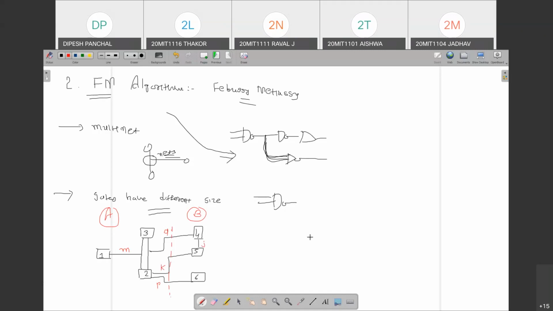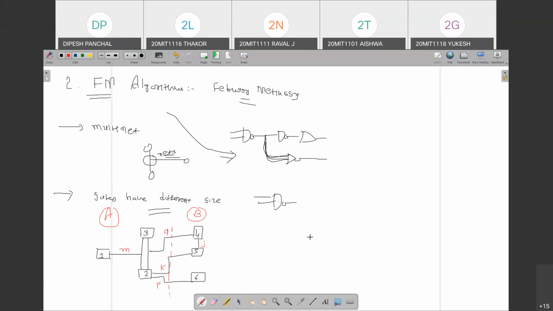Q. M and Q, correct. So this kind of problem, where multi-nets are available, is not solvable with the KL algorithm. This we have to solve only and only with this Fiduccia-Mattheyses algorithm, the FM algorithm.